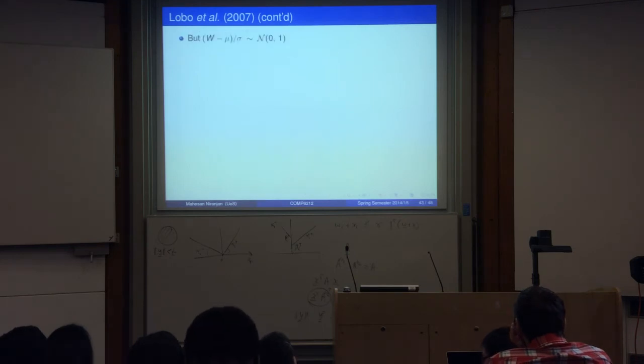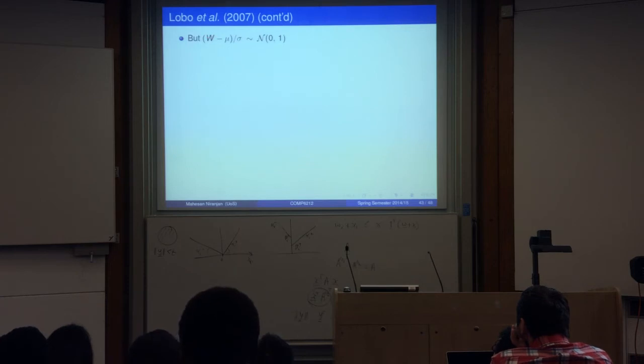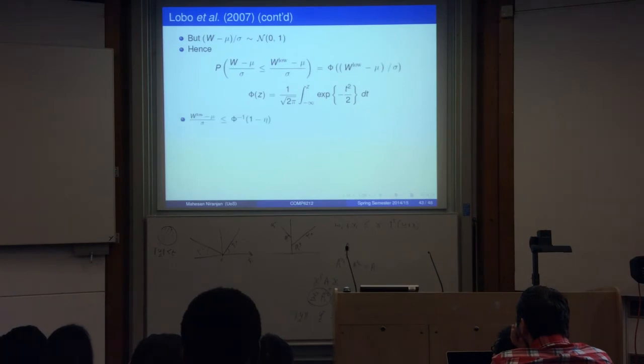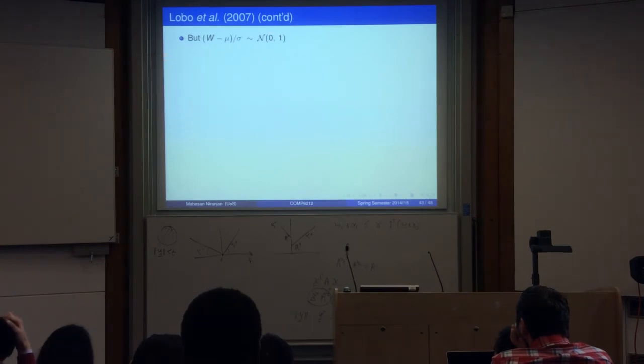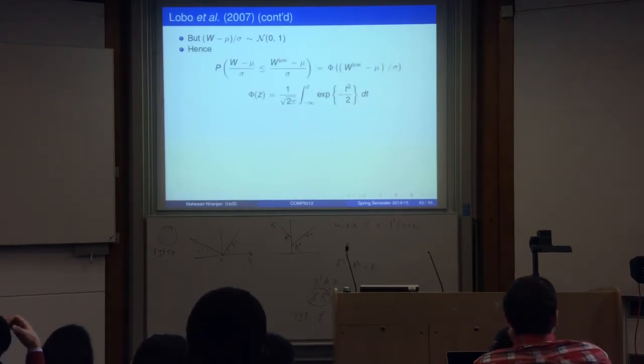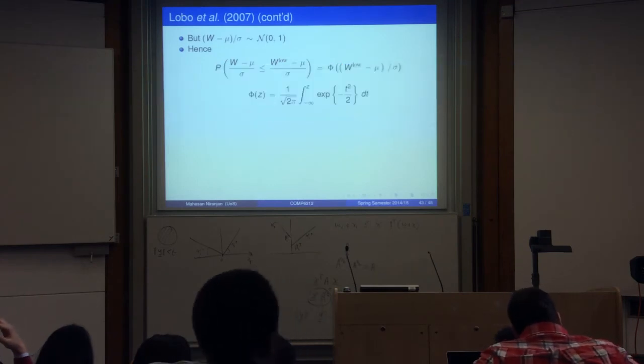This scaled variable, people refer to this as Z normally. Sorry, it's not between 0 and 1. It's a normal distribution with mean 0 and standard deviation 1, or variance 1.